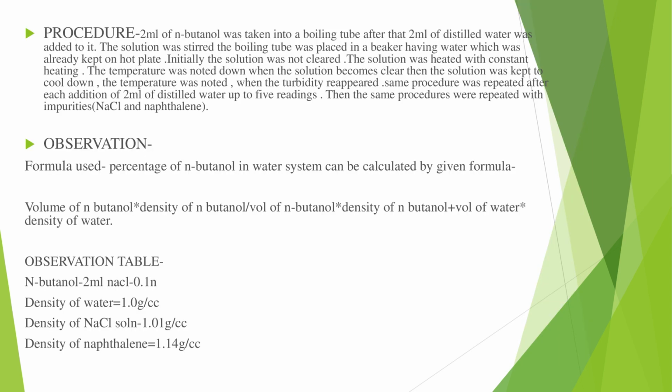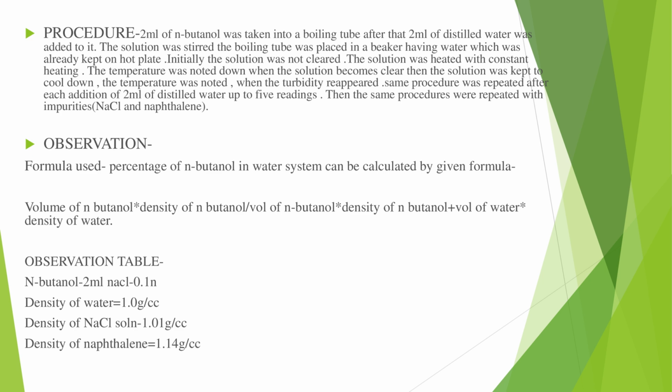So the procedure is: 2 ml of N-butanol was taken into a boiling tube. After that, 2 ml of distilled water was added to it. The solution was stirred, and the boiling tube was kept in a beaker of water which was constantly heated while the solution was stirred.